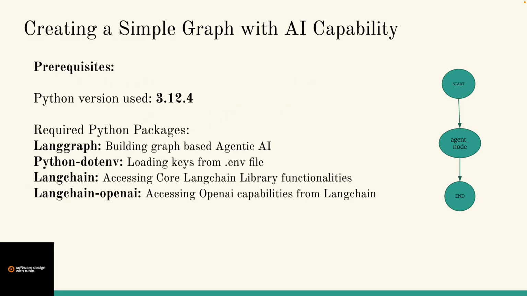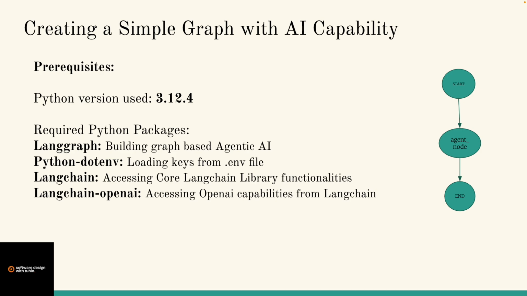For the prerequisites, we'll be using Python 3.12.4. You need to have 3.12 at least if you want to follow along with me. The required Python packages are LangGraph, python-dotenv, LangChain, and LangChain OpenAI. LangGraph is used for building graph-based agentic AI, and python-dotenv will load the keys from the .env file.